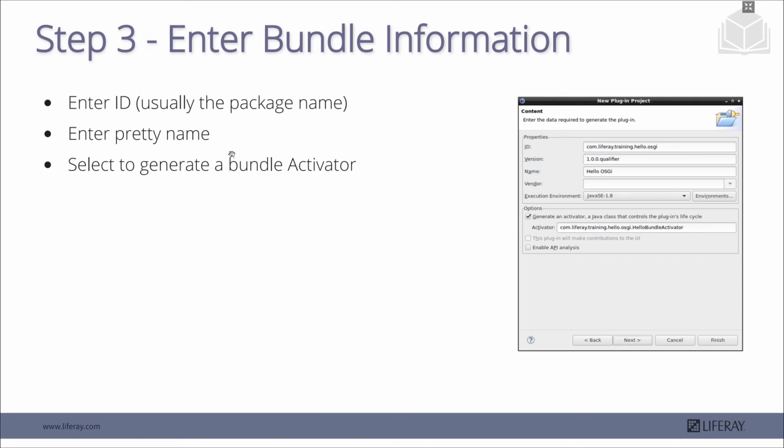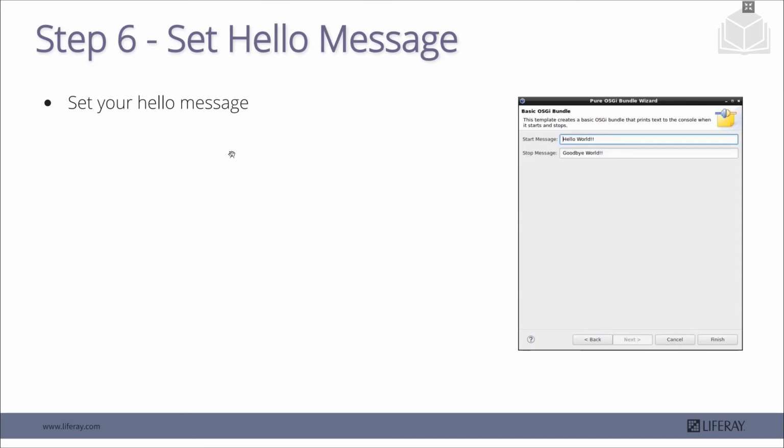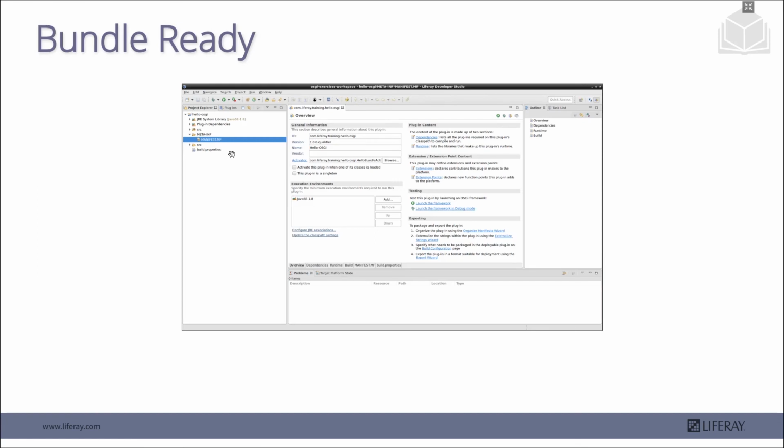Talk about that more later. Step 4, we can select a template to help us out with this. And then step number 5, misnumbered here, but step number 5, with the bundle as it's being deployed, we'll have a message sent out to us, just kind of a confirmation, and then a stop message once we undeploy it. We'll talk about some of those logistics later.